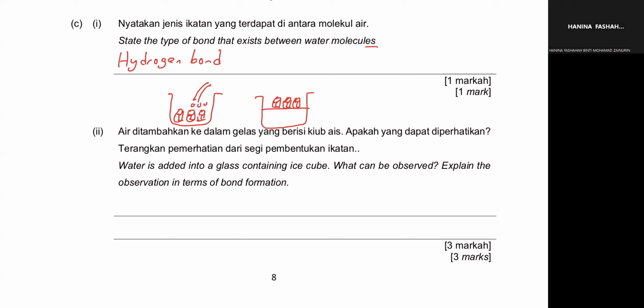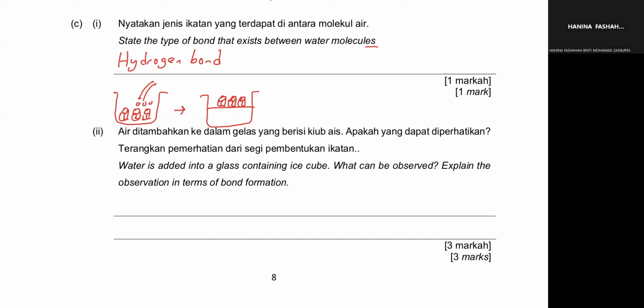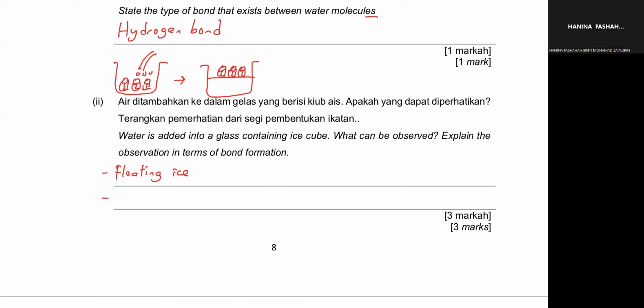Why? How do we explain the floating ice, which is what you see? Then you explain it in terms of bond formation.